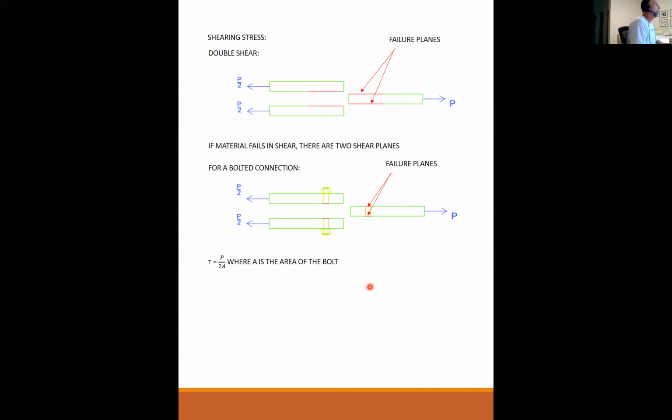We're getting pretty obscure, but there's a load factor for each one of those. And anyway, to answer your question, it came from ASCE 7, and you probably will not hear or see that again until your design courses.